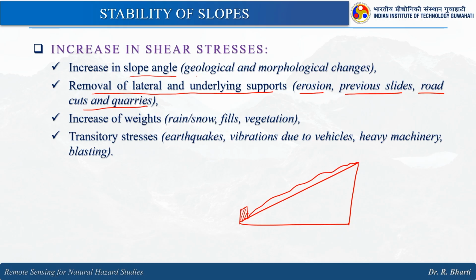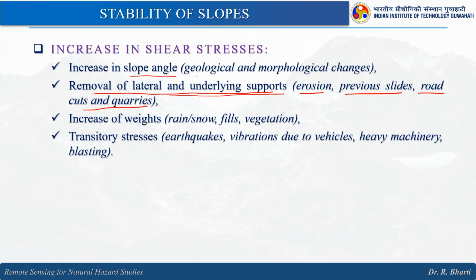But subsequently, because of the change in the lateral or underlying support, from here or maybe from here, this slope will start failing because material will not hold at this particular slope angle.